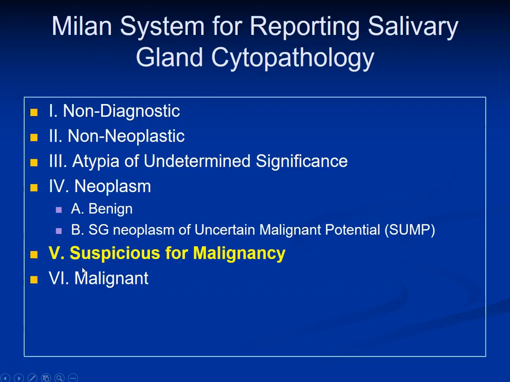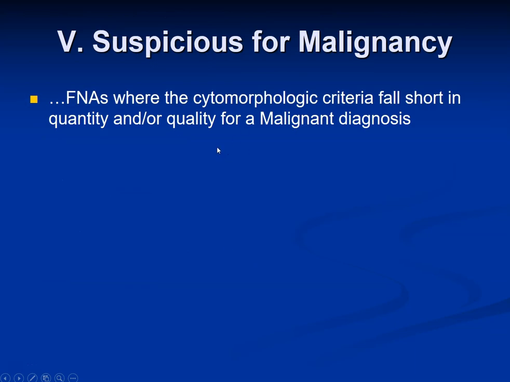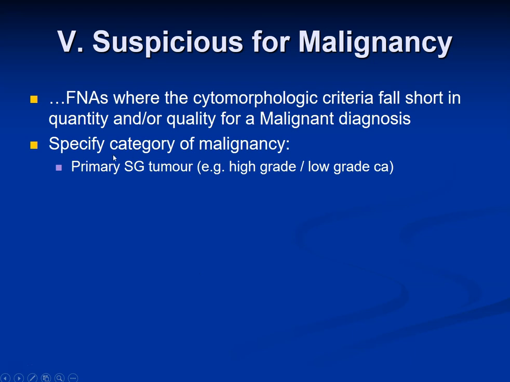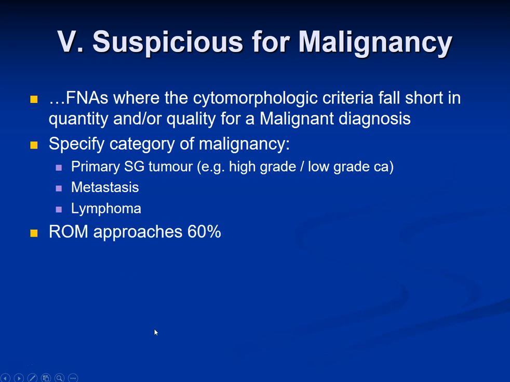Now, moving on to the next category, this is suspicious for malignancy, and these are FNAs where the cytomorphologic criteria fall short in quantity or quality for malignant diagnosis. And we should also try our best to specify the category of malignancy, whether we think it's a primary salivary gland tumor, a metastatic tumor, or hematolymphoid malignancy. The risk of malignancy, which is estimated by the authors, approaches 60%, but actually in many institutions it can be significantly higher than this.